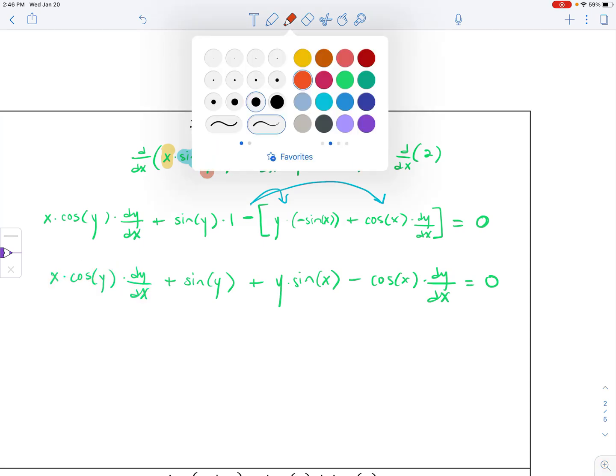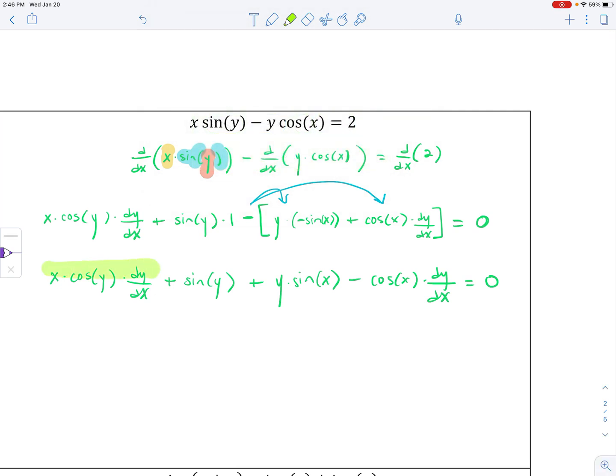So since both of the products that have dy over dx are on the left-hand side, I'm going to move sine of y and y times sine of x over to the right-hand side.